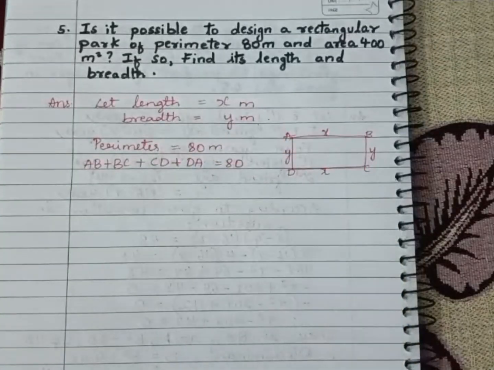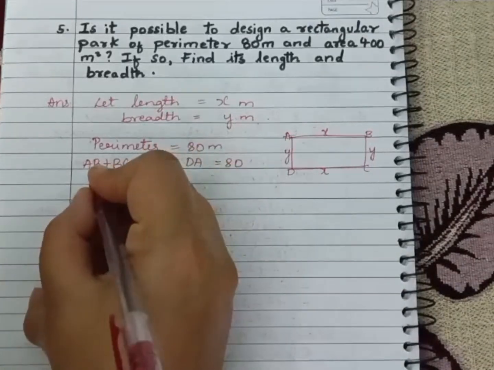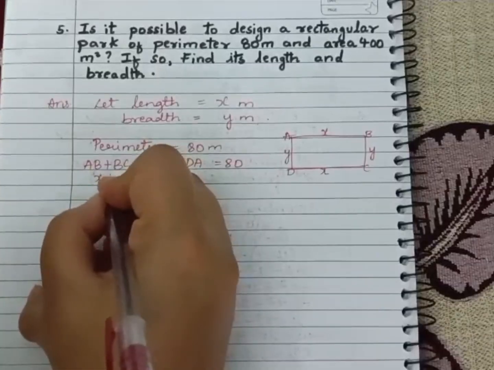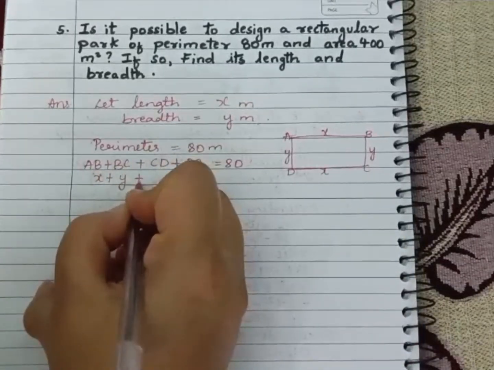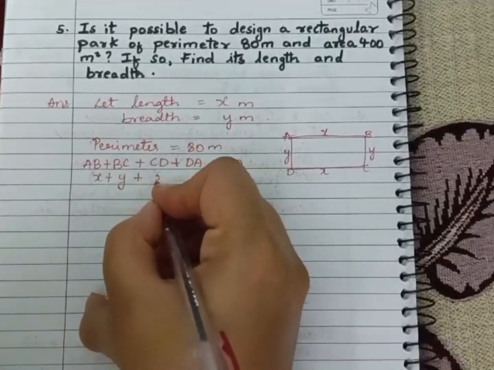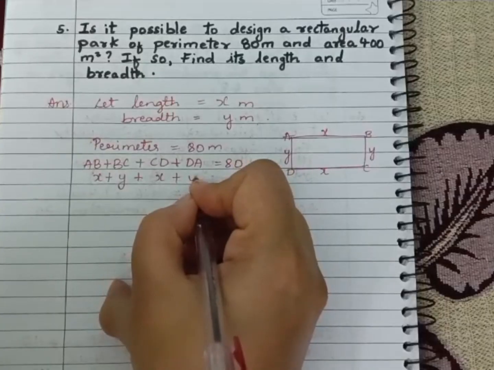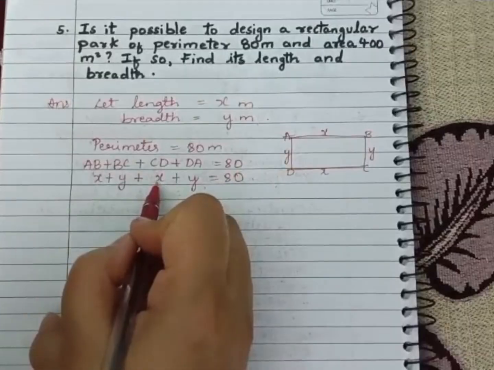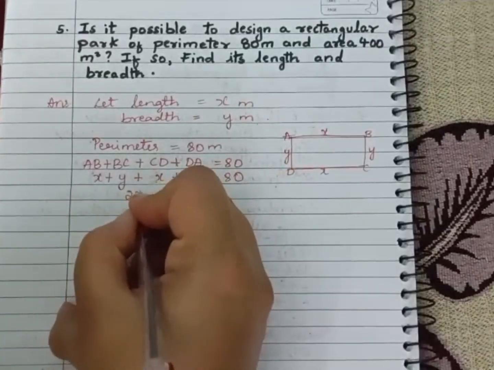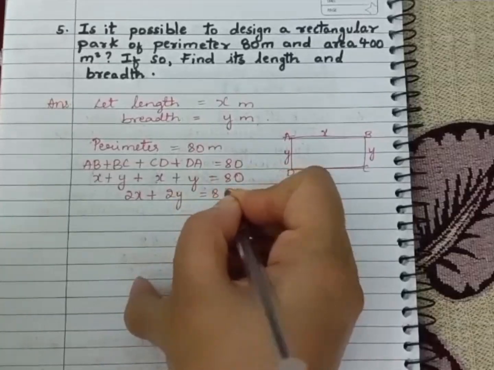AB value is X, BC value is Y, CD value is X, DA value is Y, equal to 80. Here X plus X is 2X, plus Y plus Y is 2Y, equal to 80.